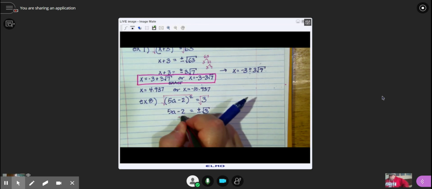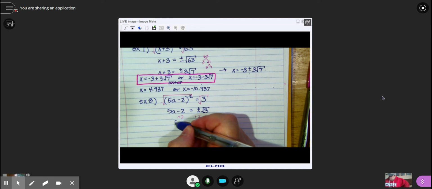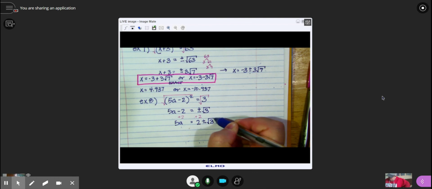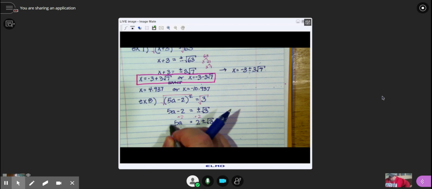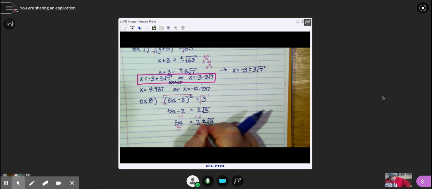So I'm going to add 2 to both sides. And I now have 5a is equal to 2 plus or minus the square root of 3. In order to get my a alone, I still need to divide by 5. And what I do on the left side, I will have to do to the right side.